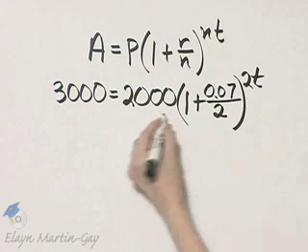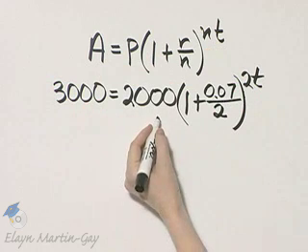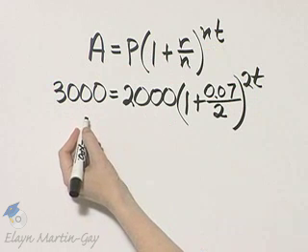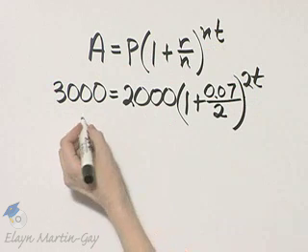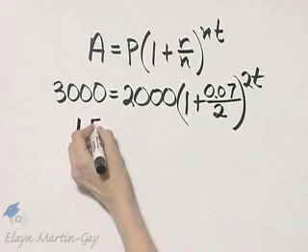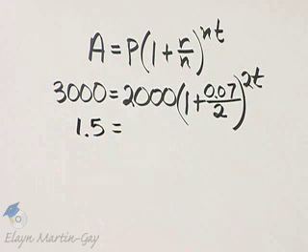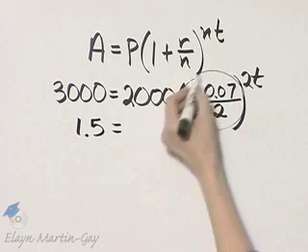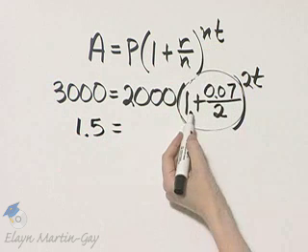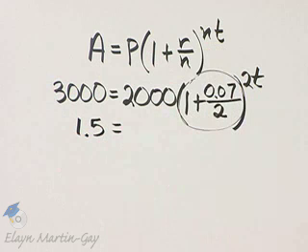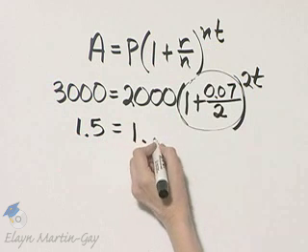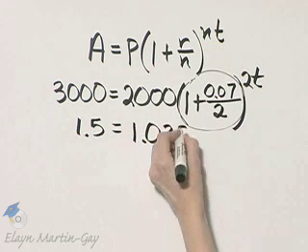I'm going to first divide both sides by 2,000. Now 3,000 divided by 2,000 is the same as 3 over 2, or 1.5. And then that's equal to, I'll go ahead and simplify this just so it'll look a lot nicer. 1 plus 7/100 divided by 2 is actually 1.035.